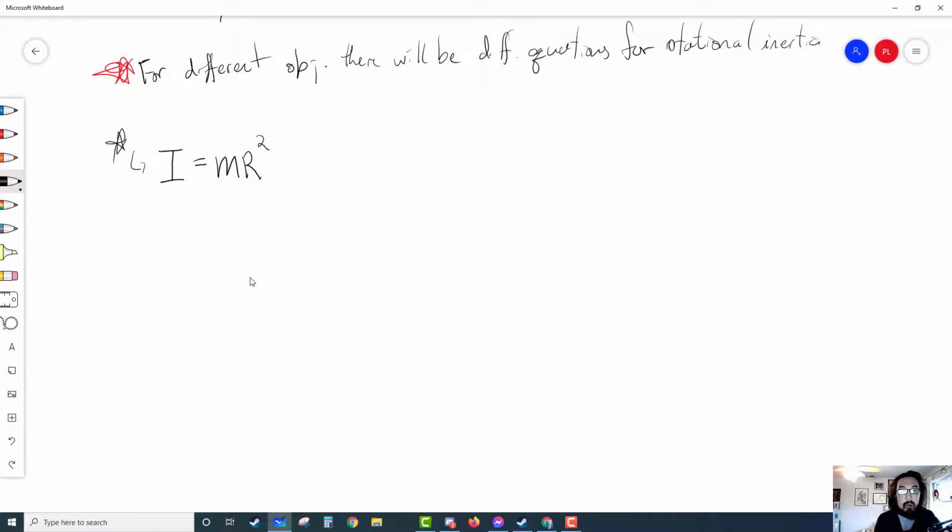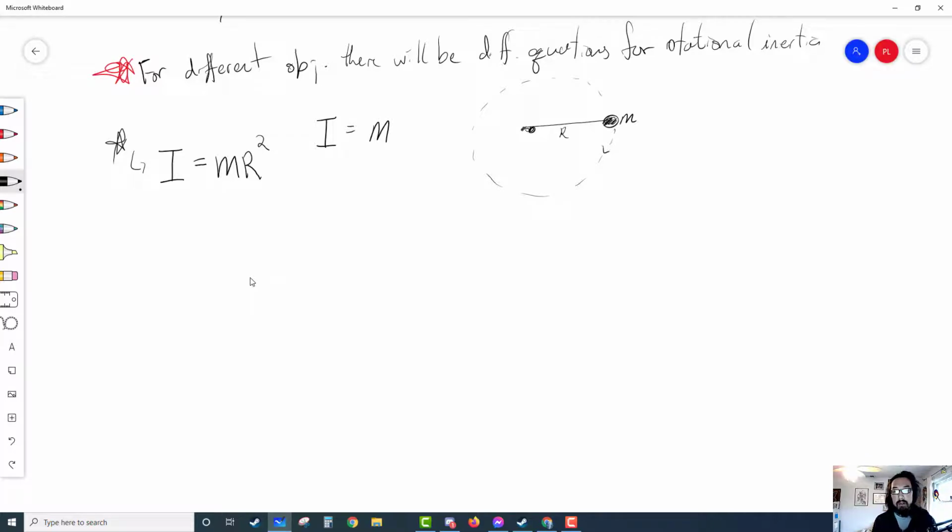All right, so we have rotational inertia and we have mass. Okay, so let's say we have a ball on a string, right? Like a yo-yo, and you're swinging it around in a circle. Okay, so this ball has a mass M, and it is a radius R away from the middle of the swing.